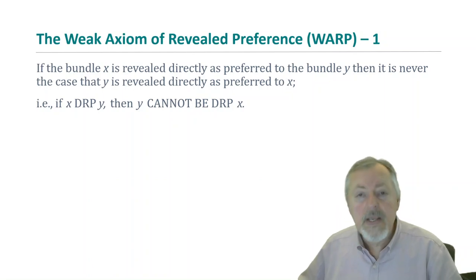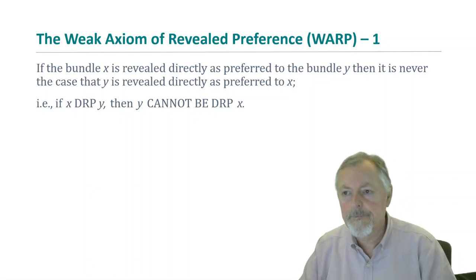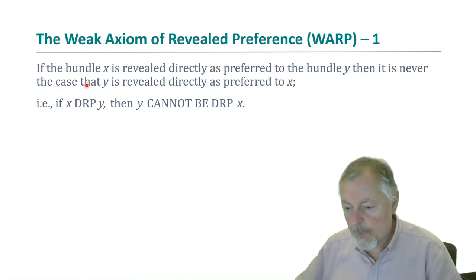The weak axiom of revealed preference only looks at directly revealed preference.